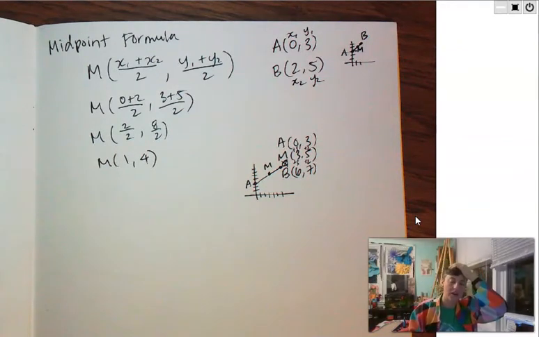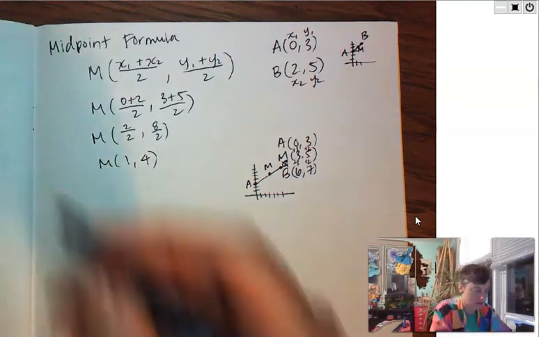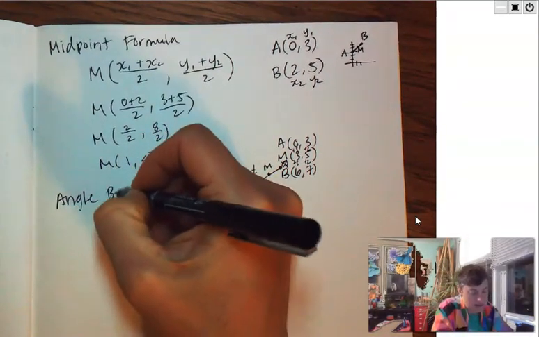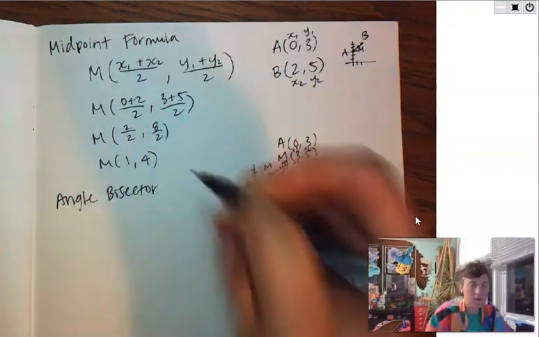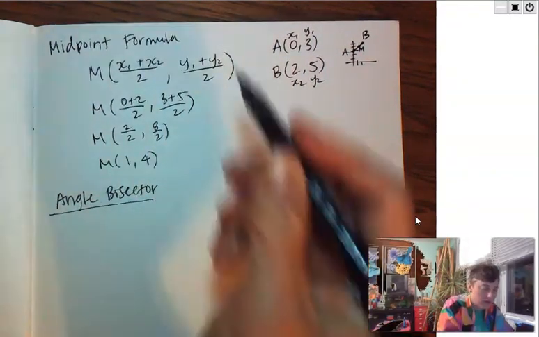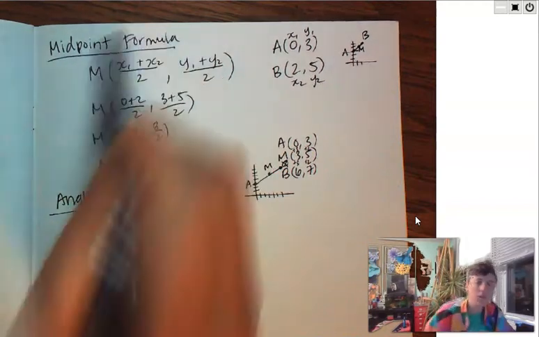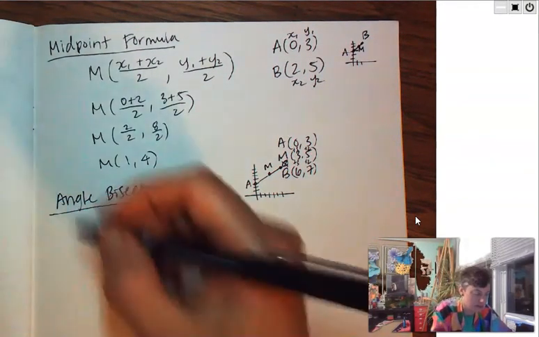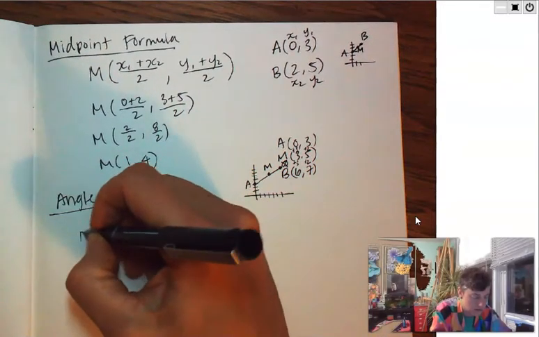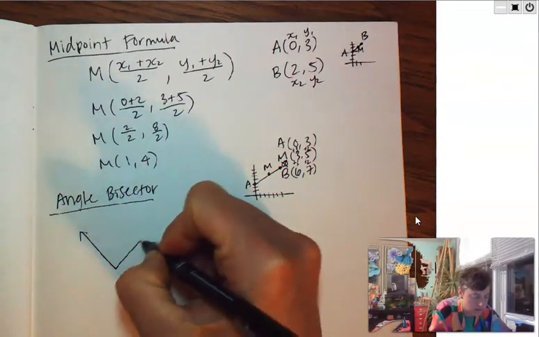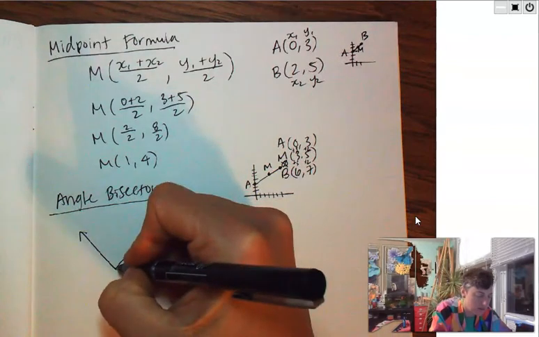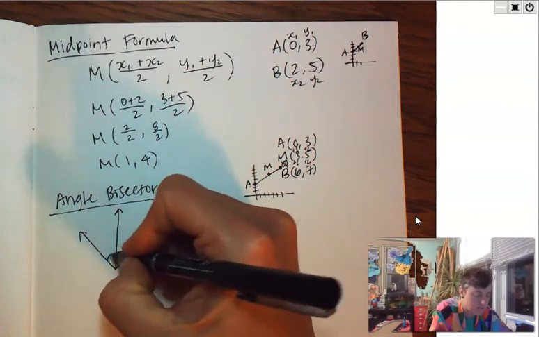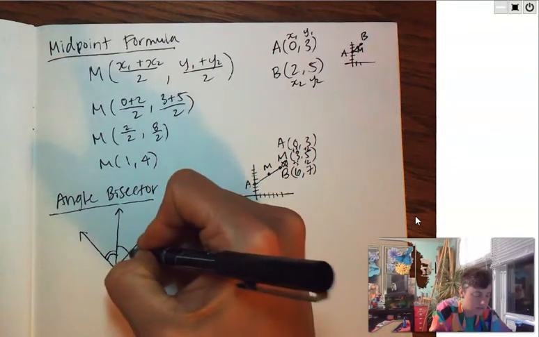Let's talk about how to solve with angle bisectors first. Angle bisector means we take an angle and split it perfectly in half. So we take an angle, we split it perfectly in half, so that that side equals that side.